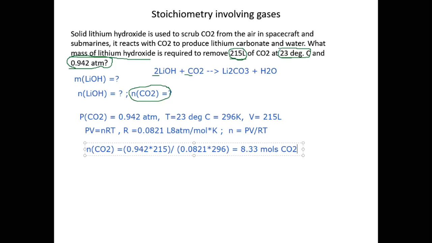Now that we know the moles of CO2, we can find the moles of LiOH, lithium hydroxide, using the mole to mole ratio. So we have 8.33 moles CO2 times, for every 2 moles of lithium hydroxide, there is 1 mole of CO2 needed.